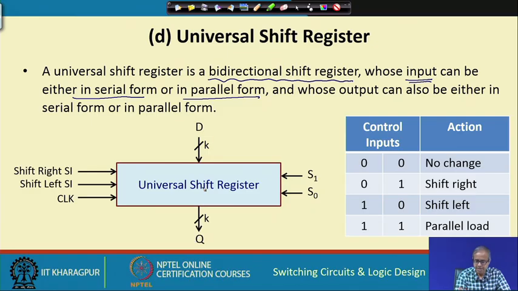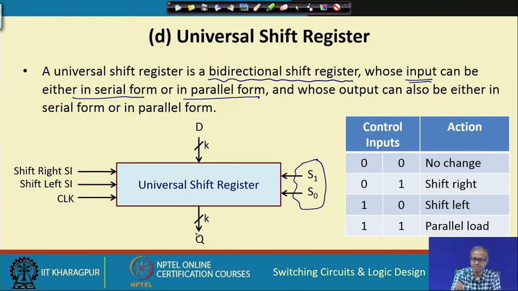But for loading, you see there is no separate load control line, rather there are two control signals S1 and S0. These are the S1 S0 combinations I am showing. If they are 0 0, it means there is no change. 0 1 means right shift, 1 0 means left shift, 1 1 means parallel load. So, I can load it parallel, I can do a shift left, I can do a shift right, and the output is also available anyway.